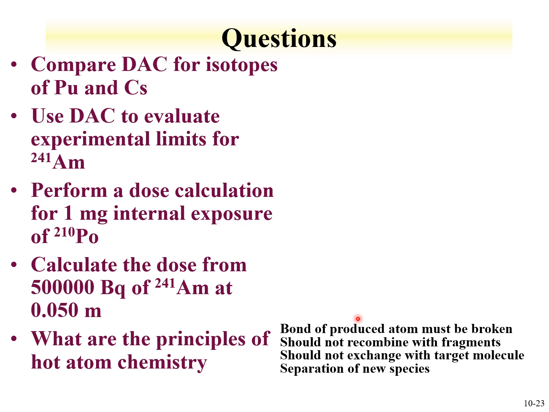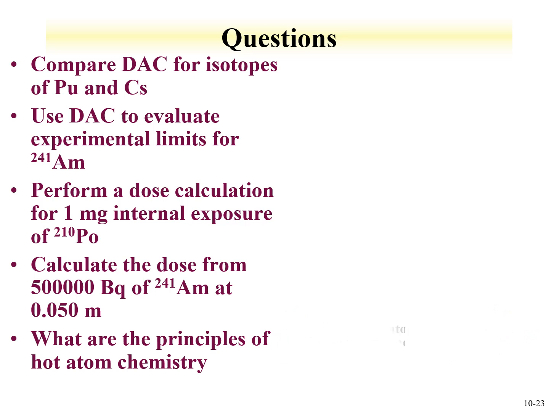When the nuclear reaction occurs on the molecule, the atom that absorbed the nuclear component, with a reaction product, for instance (n,gamma), that new isotope that's produced should have its bond broken with the molecule that it was bound with. The fragments that are formed should not recombine. The released isotope should not exchange with the target molecule, so there should be slow kinetics, and the new species should be able to be separated.